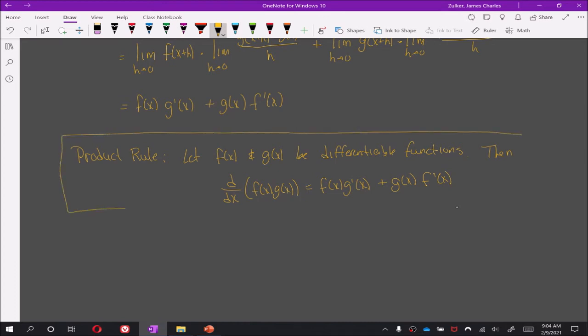In other words, if you take the derivative of a product of functions, it is the first function times the derivative of the second function plus the second function times the derivative of the first function.